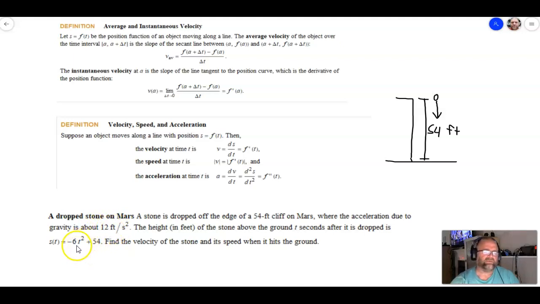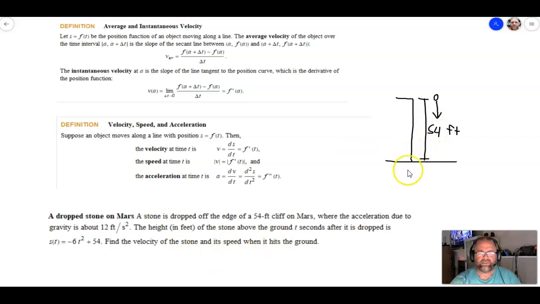In fact, this will really be negative 12, but remember, it's going in the negative direction. So if you have negative acceleration going in the negative direction, then the speed is actually increasing. It's getting faster and faster, which makes sense as the rock falls down.